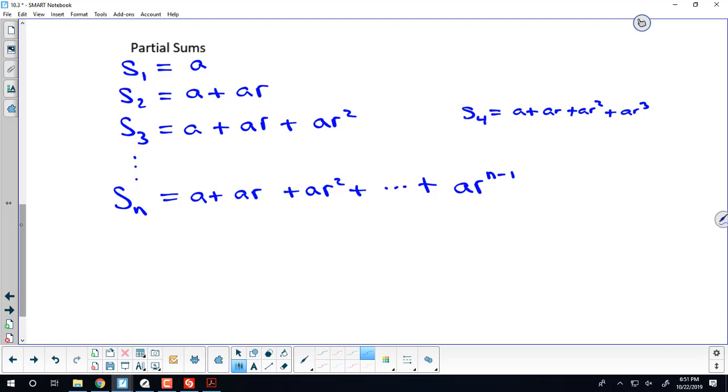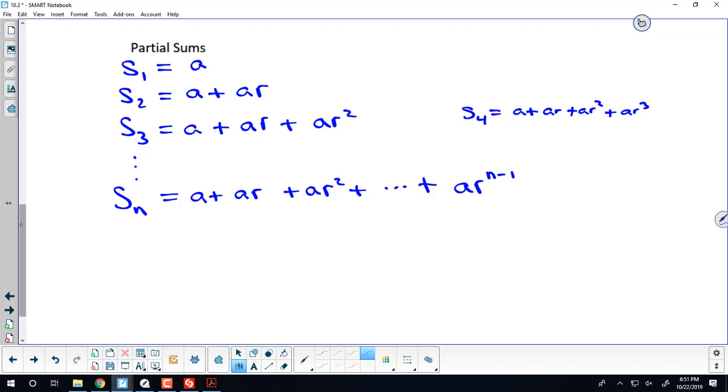But looking at it this way, if n goes to infinity, it doesn't really tell us much, right? It would just say that thing goes to infinity because it's just higher and higher powers of r. But then you've got to think about what r is. This r to the nth power doesn't always go to infinity, does it? It depends on where r is.